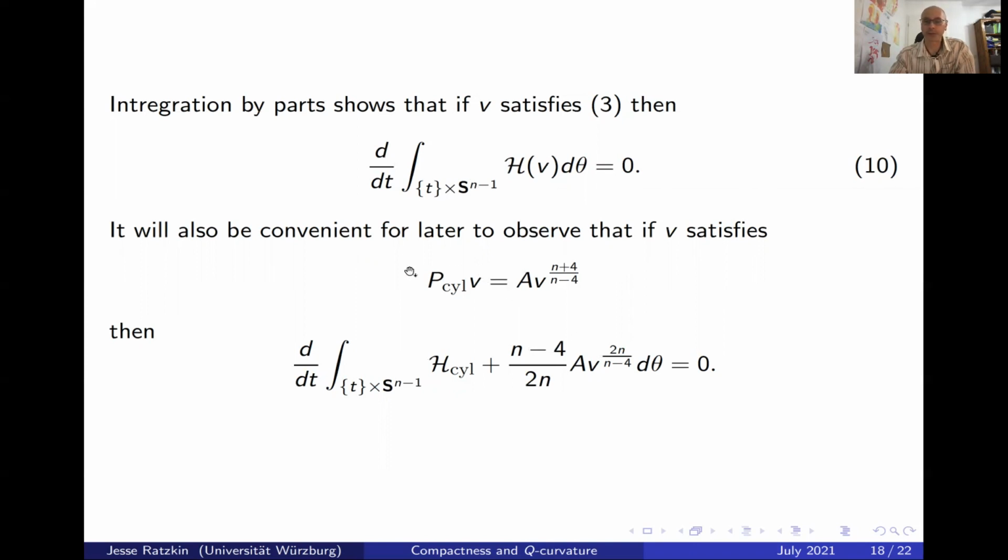And furthermore, if my function v satisfies the equation cylindrical Paneitz applied to v is equal to a constant multiple of v to the power (n+4)/(n-4), then this particular modified Hamiltonian energy here is independent of t. Does not depend on t at all.